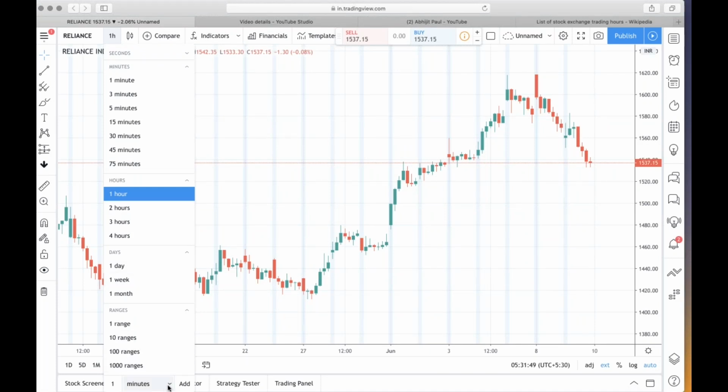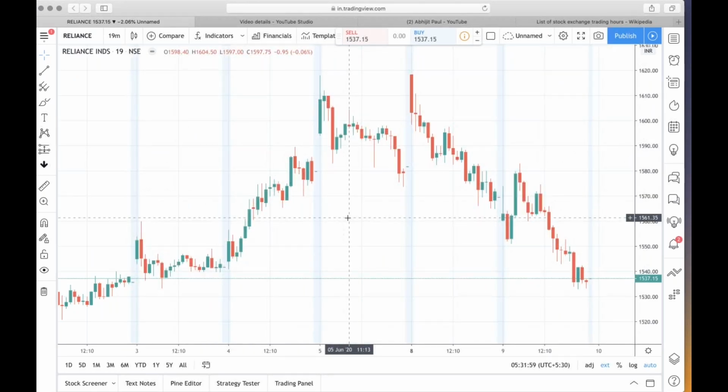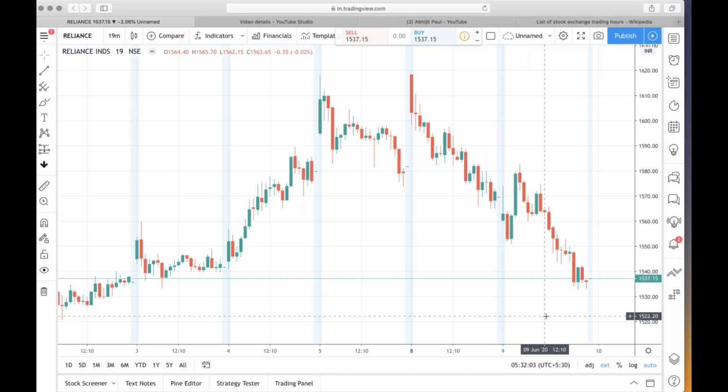So if you plot a 19-minute chart, let me quickly check if TradingView will allow me to do that. Yes, TradingView is allowing me to do that because I have the pro version.